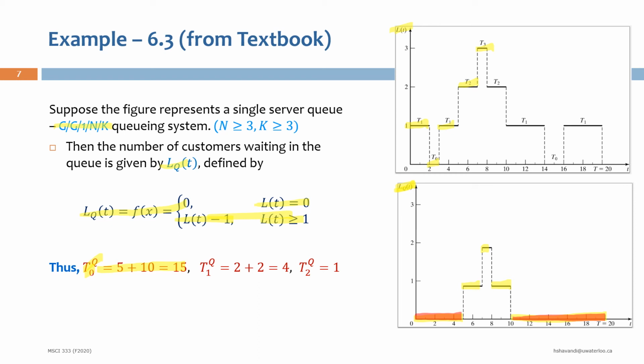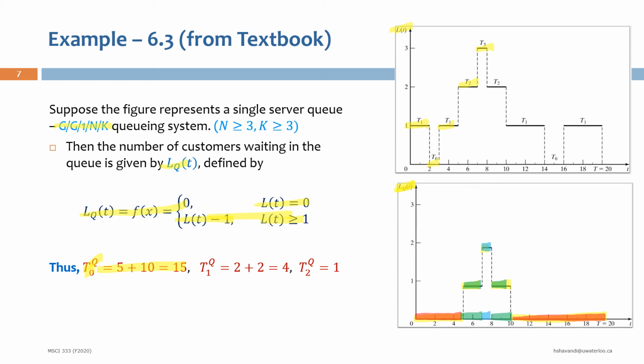TQ1, I mean the total time that we have one customer in the queue, let me show with another color here. Yeah, here we have 2 minutes that we have one customer in the line, and another 2 minutes again we have one customer, so it will be 4 minutes, right? And TQ2, we have just this 1 minute for 3 customers in the waiting line, right?